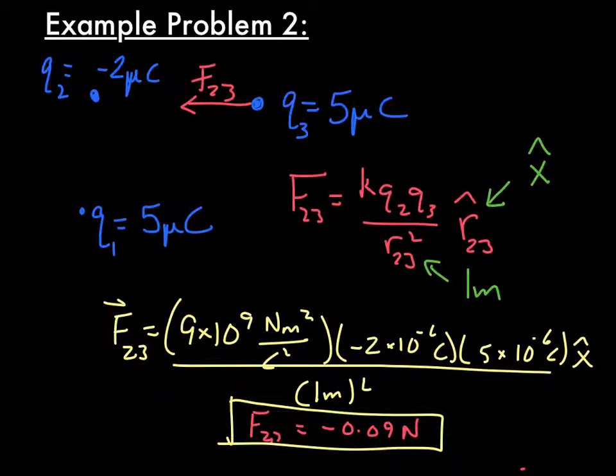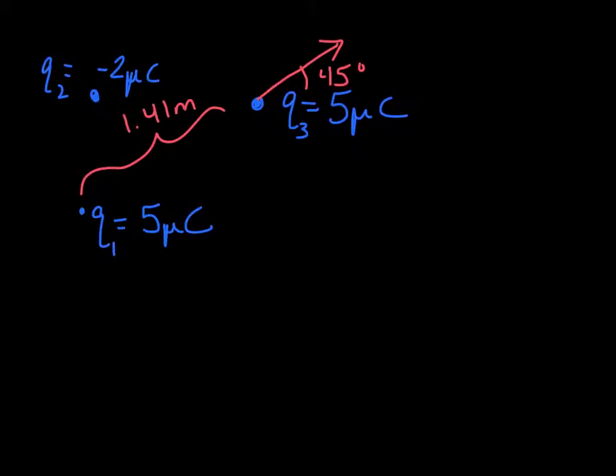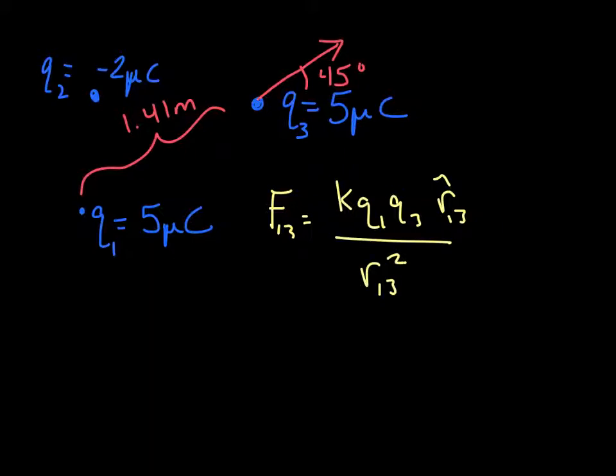So now let's worry about solving for the force between Q1 and Q3. So when we're looking at this, again, we calculated before the total distance between Q1 and 3 is 1.41 meters. The angle is 45 degrees. So if we start with Coulomb's law, you get the force between 1 and 3 equals K Q1 Q3 R13 hat over R13 squared.